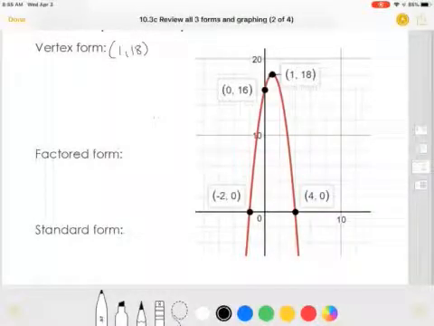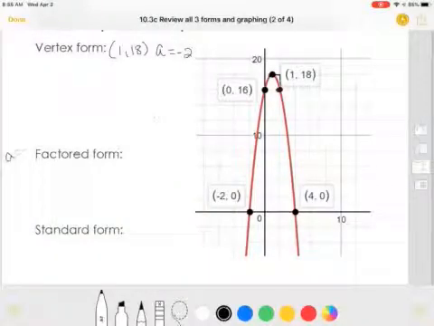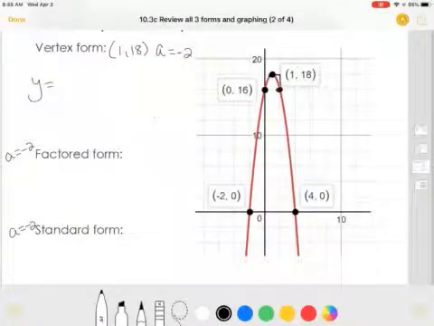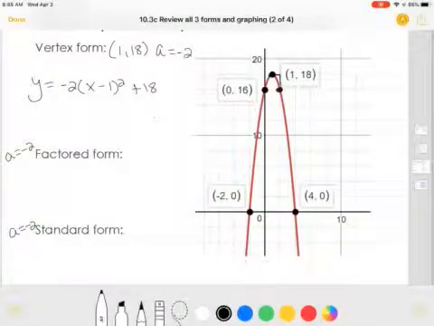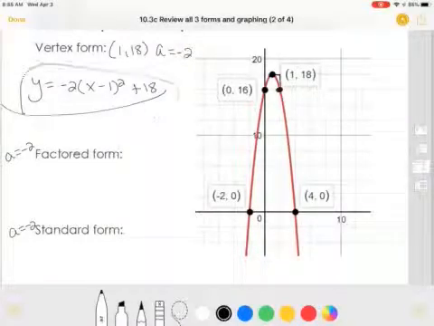Looking at this, we go over 1 and we go down from 18 to 16. So we actually go down 2. Our a value for this one is also negative 2, which tells us our a value for our factored and our standard form. When we put it all together, we get y equals negative 2 times x minus 1 squared plus 18. That is our vertex form.